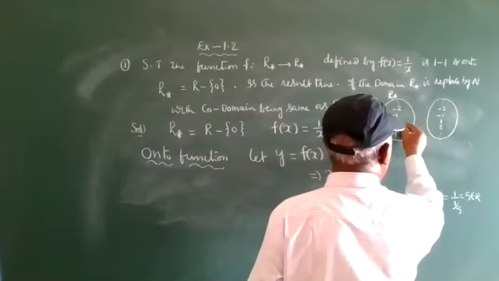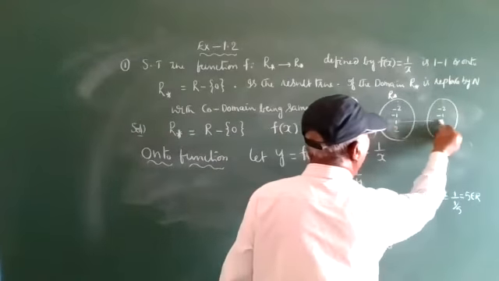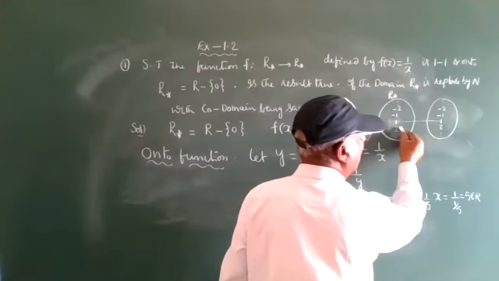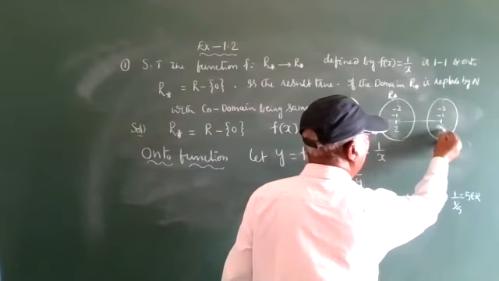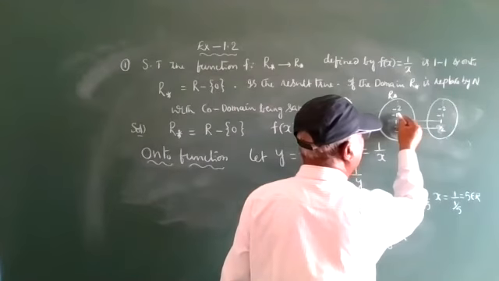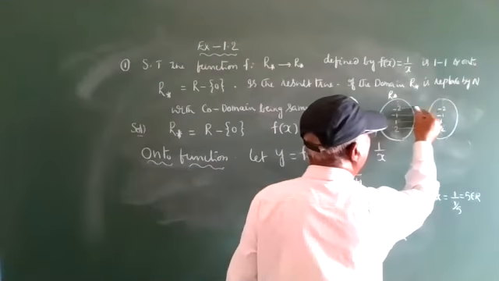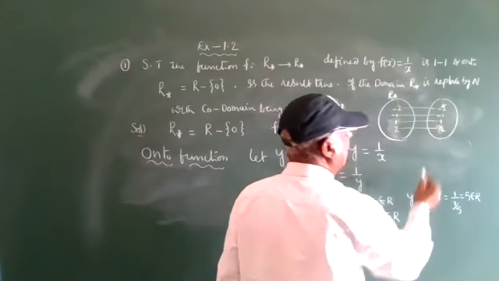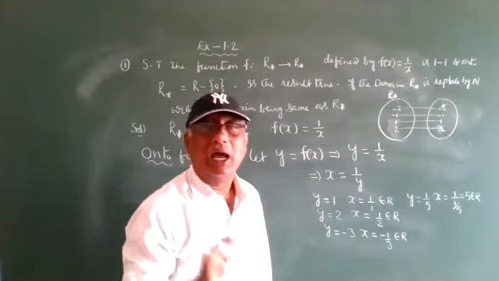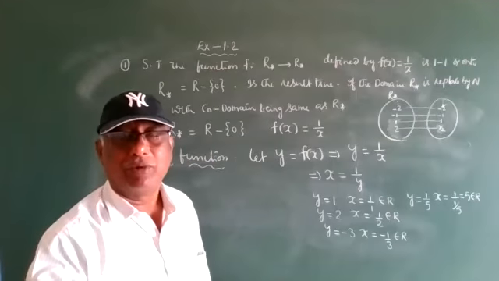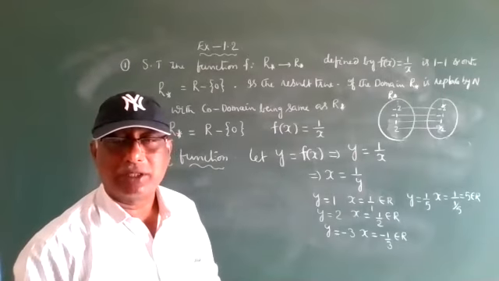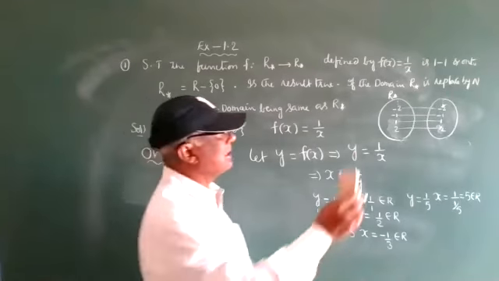Every element has an image: 1 has the image 1, 2 has the image 1 by 2, and 3 has the image 1 by 3. Every element has an image. Therefore, it is an onto function. Codomain is equal to range.